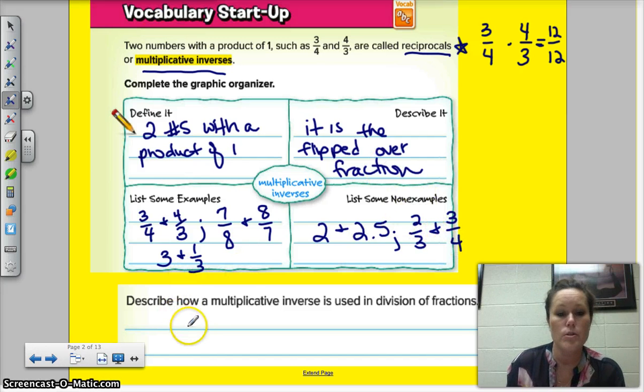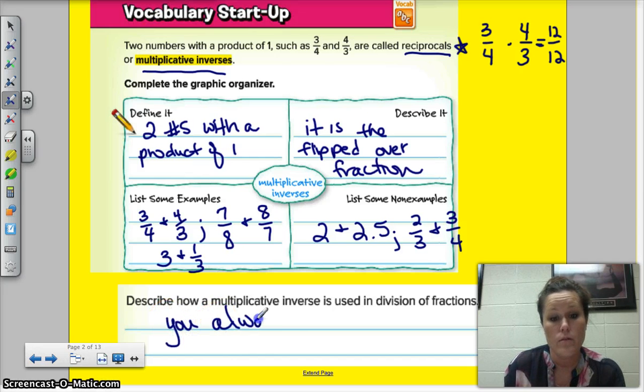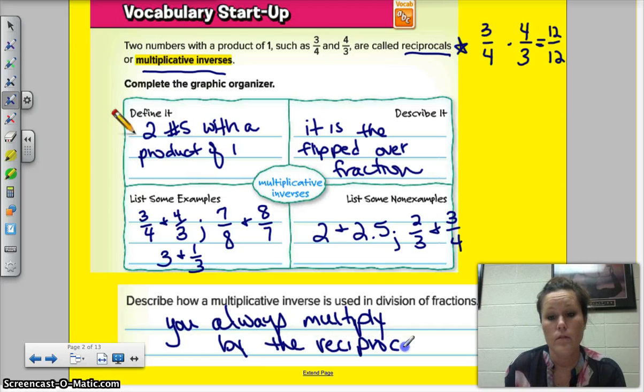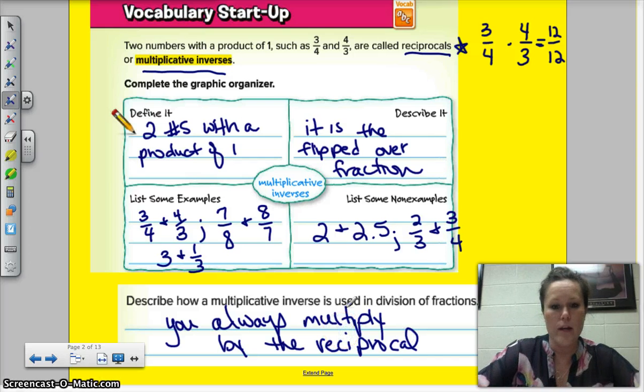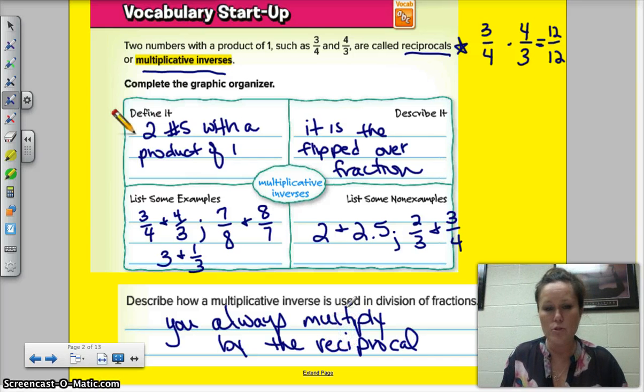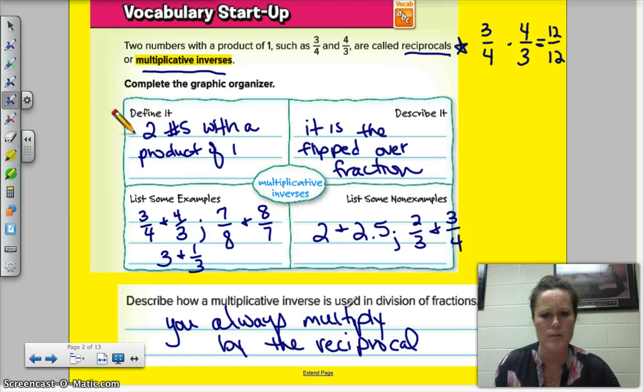And then describe how a multiplicative inverse is used in division of fractions. You don't actually ever divide, you multiply by the inverse, or by the reciprocal. You always multiply by the reciprocal. And you may remember in 7th grade when they talked about keep, change, flip, or something like that.